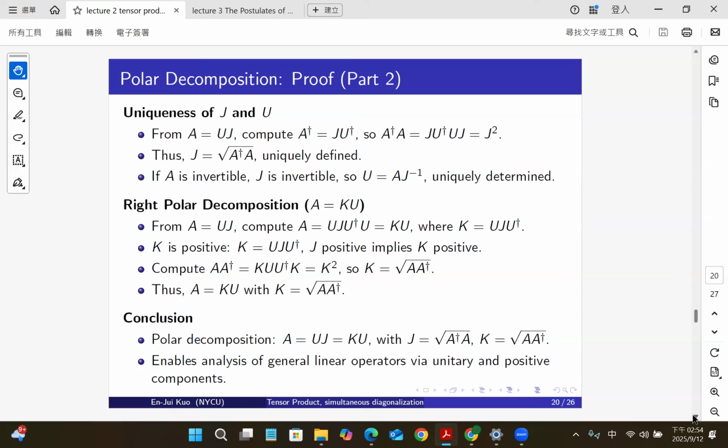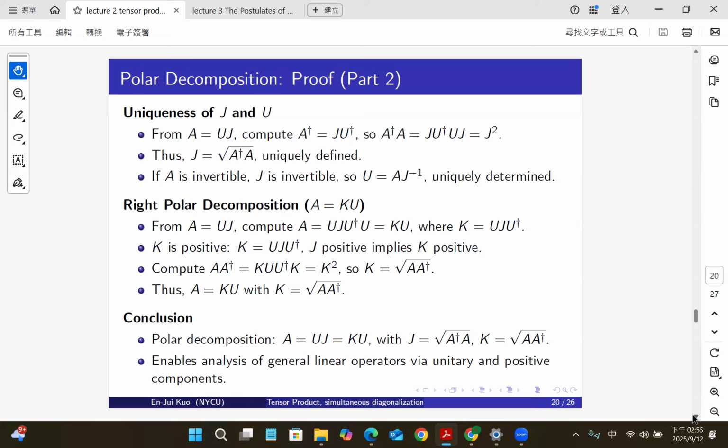And obviously the determinant of A dagger A will be just the determinant of A, absolute value squared. It's also linear algebra. So it's obvious that if A is invertible, then the determinant of A is non-zero. Then the determinant of A dagger A is non-zero.